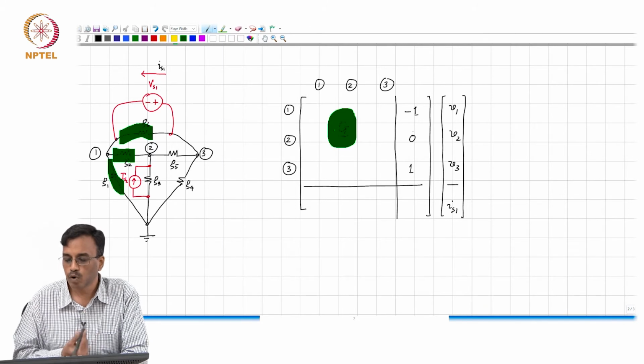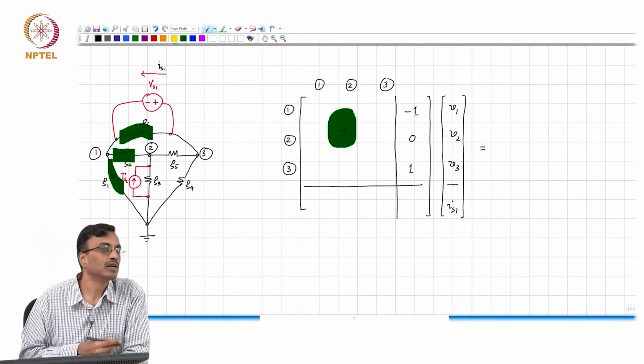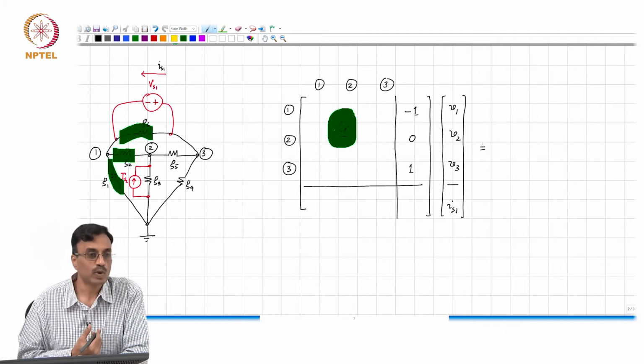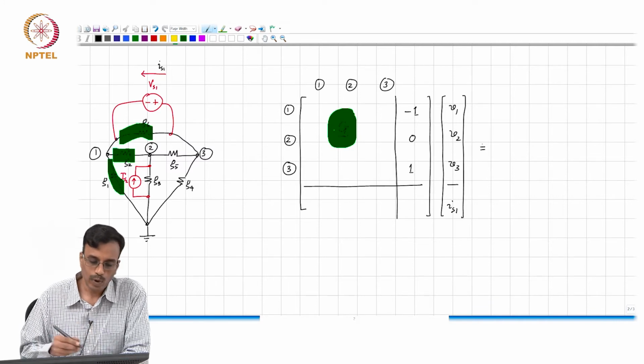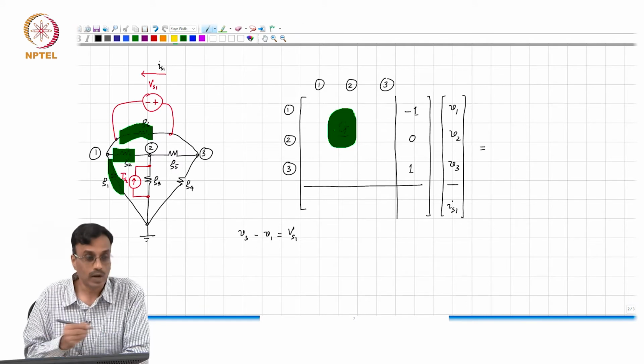So, we have one more unknown. So, we better have one more equation, and what is that equation? Well, the extra equation is that V3 minus V1 equals VS1.